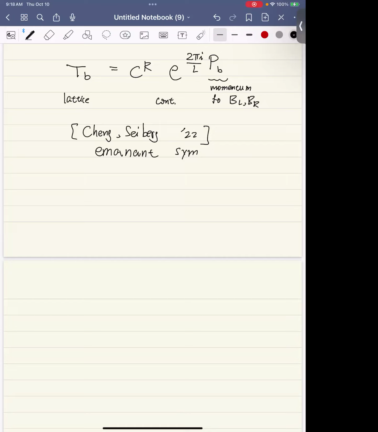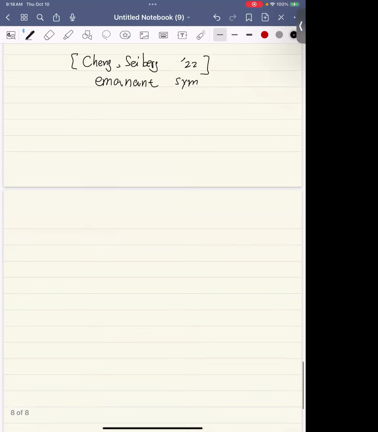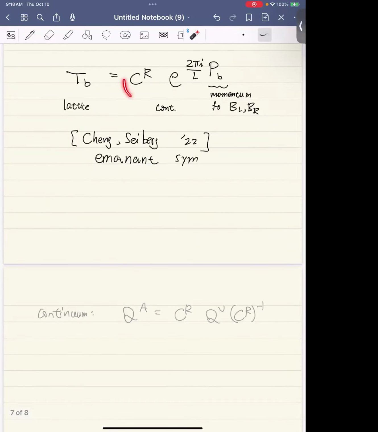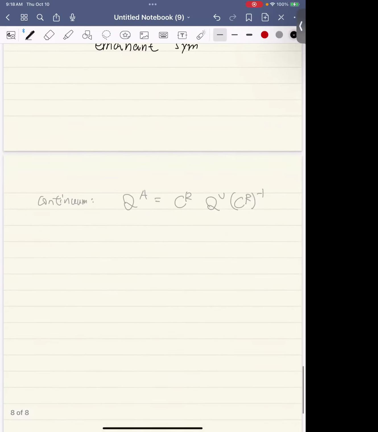Okay. With that, I'm able to deliver the punchline. We know in the continuum, Q_A is C_R Q_V C_R inverse. Now that we have established that C_R comes from this T_B lattice translation symmetry, we just have to conjugate the manifest vector symmetry by T_B.